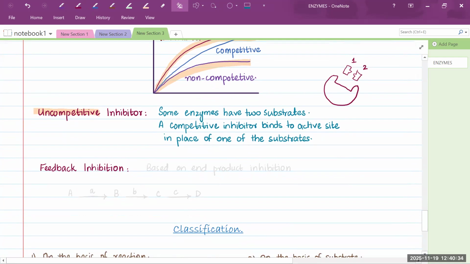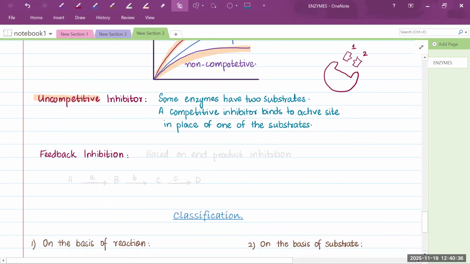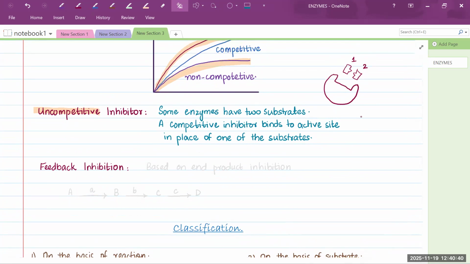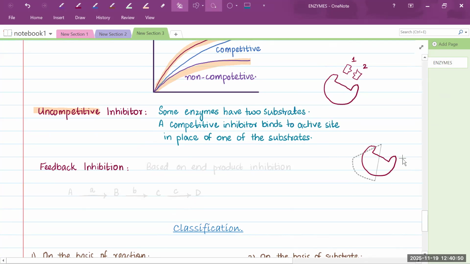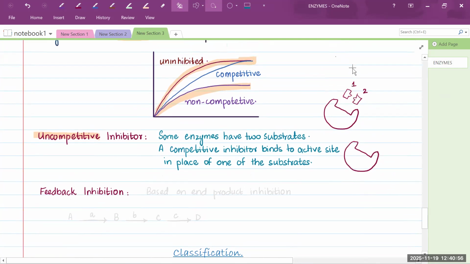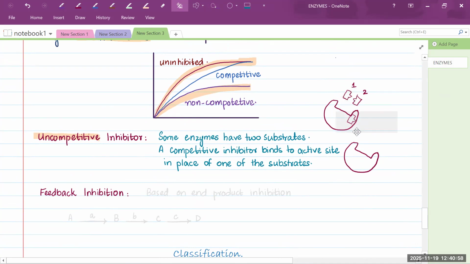Now, a competitive inhibitor is that which binds to the active site in place of one of the substrate. Now, again, let me copy this thing. Now we have this thing here. One of these substrate binded to the active site, right?